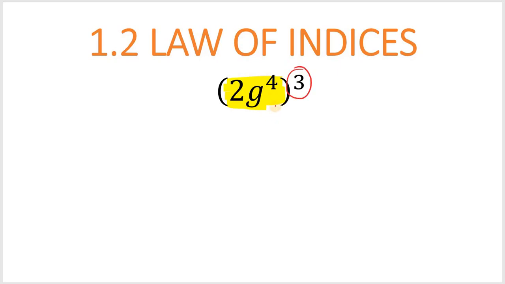Okay, so 2, we have not written down the power here, isn't it? So that means this one is 2 power 1. So 2 power 1 times 3, then g power 4 times 3. Like this. If we have other terms here, also the same, we must apply the power of 3 here.